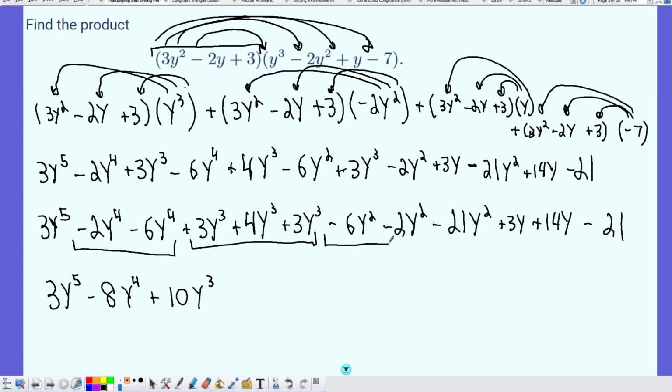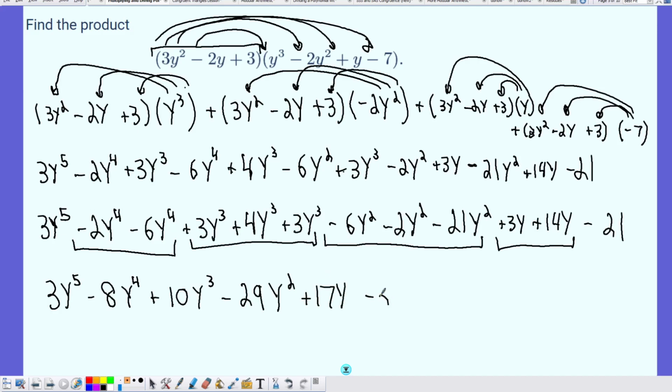Now my y squared terms, remember to include that negative here. So negative 6 minus 2 is negative 8. Minus 21 is negative 29. And we have our y squared. 3y and 14y becomes a 17y.